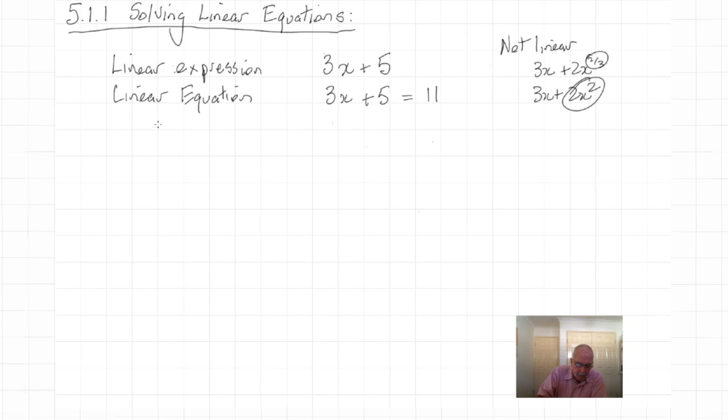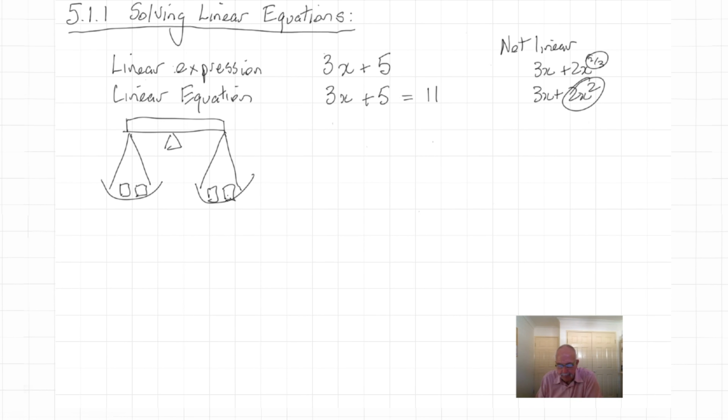Think of equations, particularly linear equations, like the old beam balance. The beam balance basically had two sets of pans or dishes on the side. You had a solid bar and a balancing point here. For this to balance, we needed to have the same weight on each side.